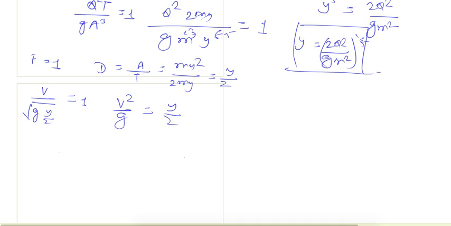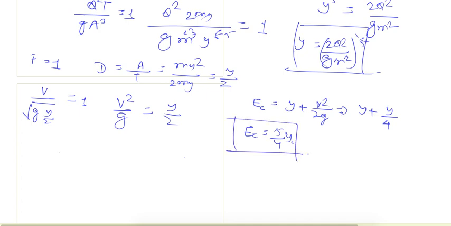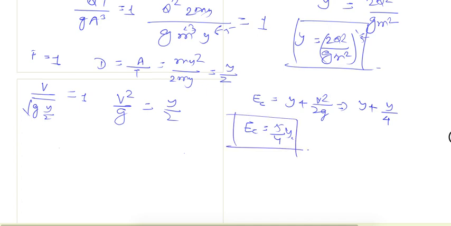If I want to find out the specific energy at critical depth, this is equal to y plus V square upon 2g, which is equal to y plus V square upon g is equal to y by 2, so this will be equal to y by 4. So Ec is equal to 5 by 4 Yc. So the specific energy.